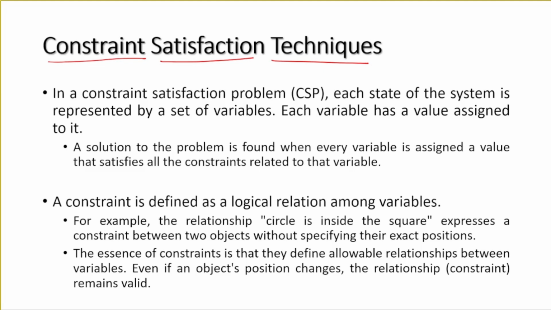Aidil Hafiz. Okay. In the CSP, basically we have states over here. We have variables, and each variable has a value. Okay. So make sure that in order to understand constraint satisfaction, we need to know the states, variables and values.